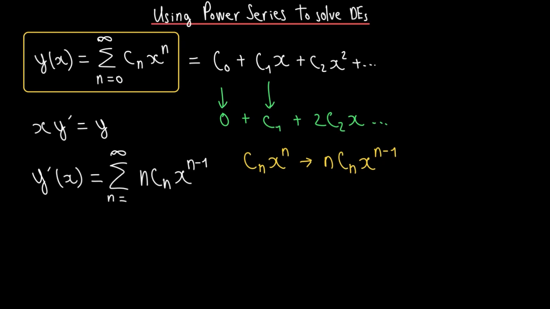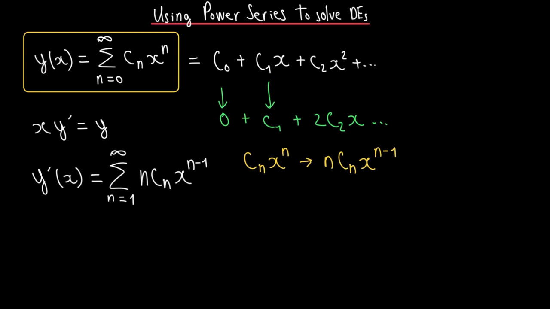Well, notice that when we differentiated the first terms of our series, we started from c1, because the derivative of c0 is 0. So n doesn't start from 0, but from 1. And so this is the derivative of our power series.